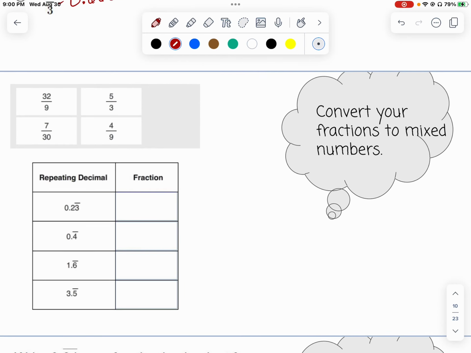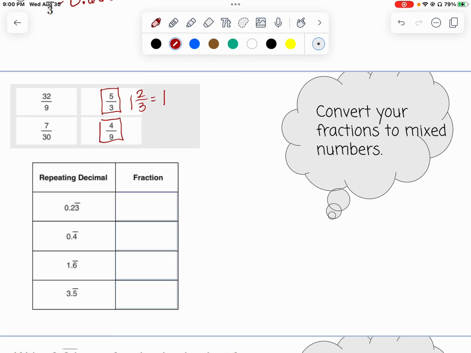Okay? Work with your partners to finish this one. All right. Looking up here at these fractions, I know these relationships. I know that as a fraction, this is 1 2/3.